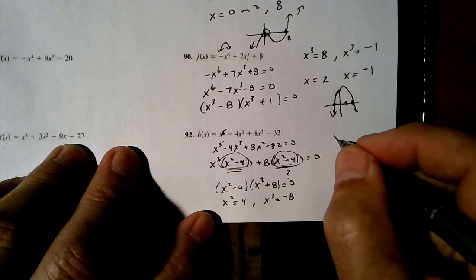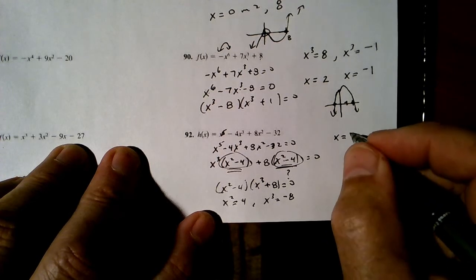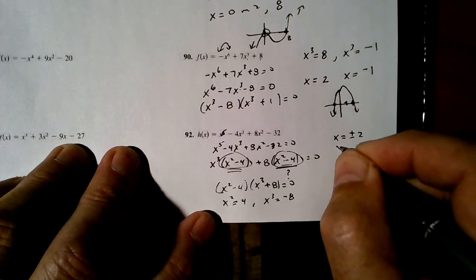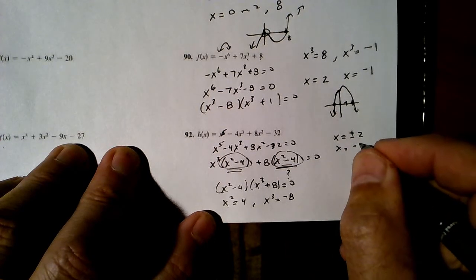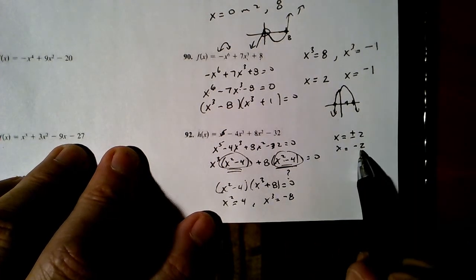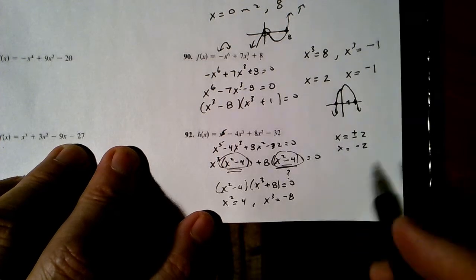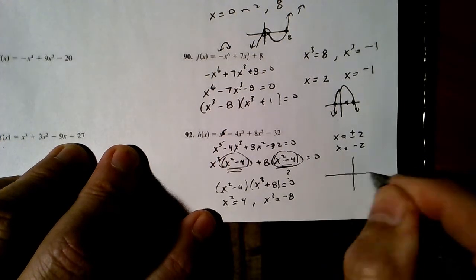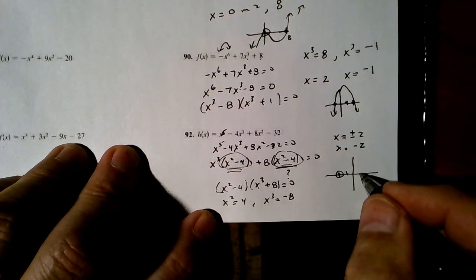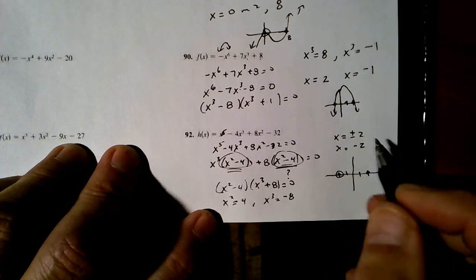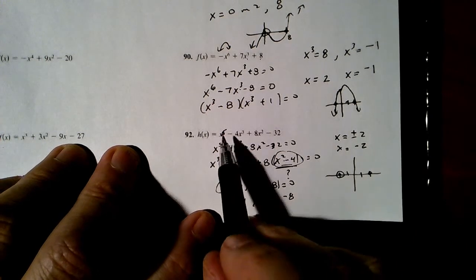Let's see, that would be x equals plus or minus 2, x equals third root of negative 8, negative 2. So notice negative 2 is a double 0. We have a double 0 right here. We have a single 0 at positive 2.